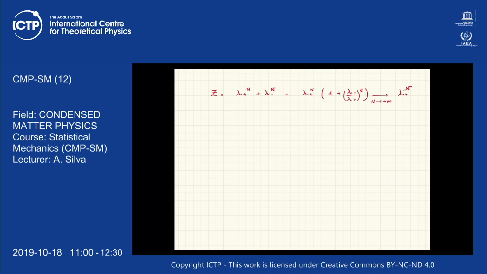Right? Now this tells you something important: if you are interested in finding the free energy, the log of the partition function in the thermodynamic limit, you don't really need to find all the eigenvalues of the transfer matrix, but you need to find only the one which is the largest in absolute value. Okay, and that's it, and all the rest will just follow.